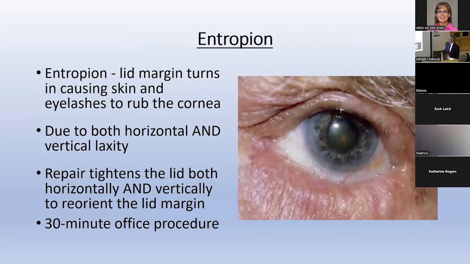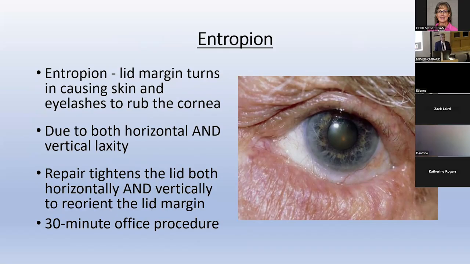Okay, entropion is similar, but different. There's horizontal laxity, but there's also a vertical laxity, and that allows the lower lid to actually turn in. Sometimes it's very intermittent. Patients say, I wake up and my eye's really irritated, or if I yawn, it's really bad. If they squeeze their eyelid, orbicularis muscle overrides tarsus and it flips the lid in.